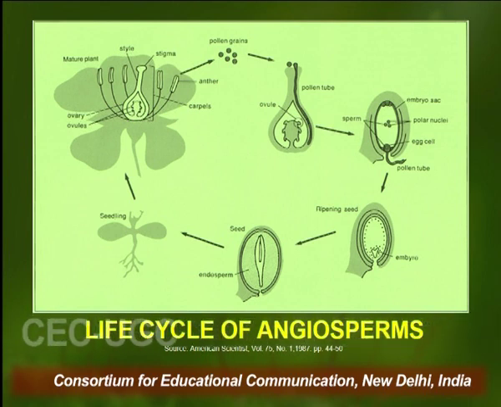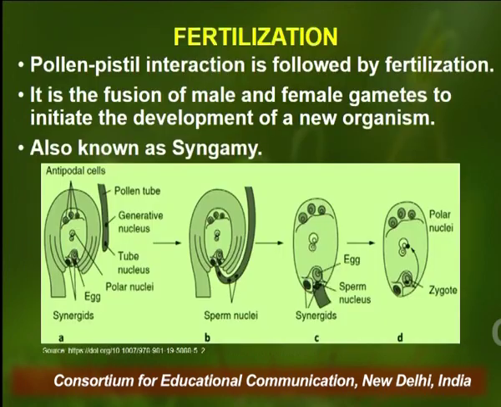These pollen tubes enter the ovule through one of the synergids. The pollen tube discharges its contents and the two male gametes fertilize. One fertilizes the egg cell, the other fertilizes the polar nuclei, and there is formation of embryo and endosperm. When the embryo germinates, a new plant arises.